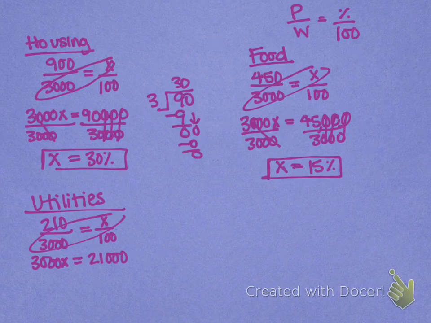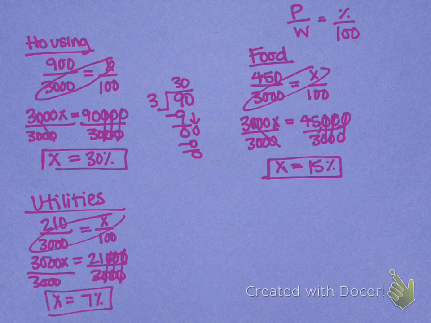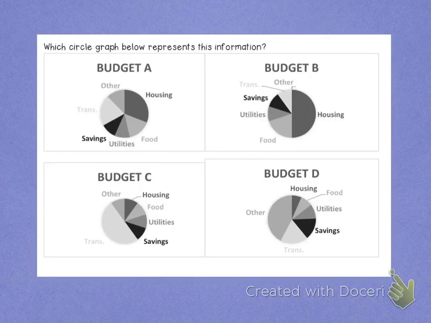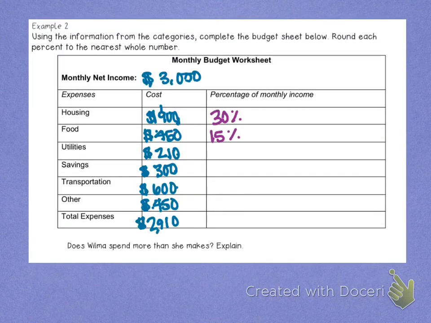It's 21, add your 3 zeros in. Dividing by 3,000, because there's a bunch of zeros, it's a little easier to do this division. All your zeros cancel out, and then 21 divided by 3 equals 7. If that doesn't make sense to you, divide it all out off to the side. So this is 7%.